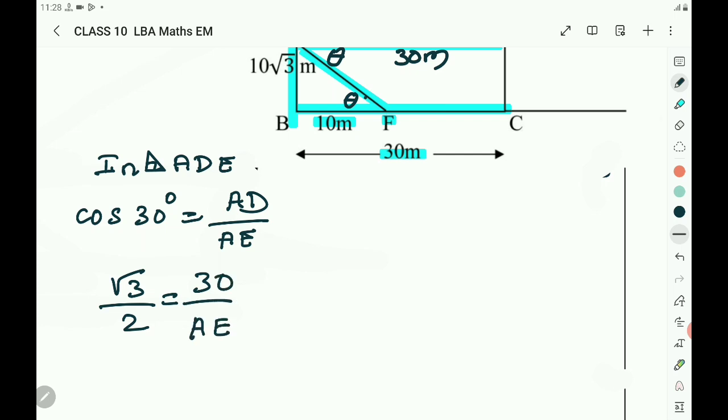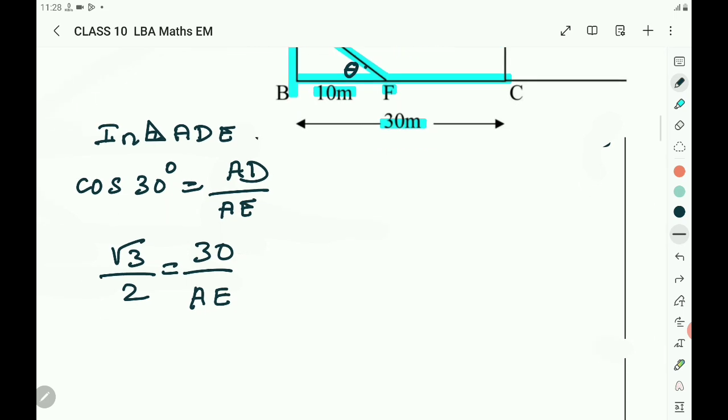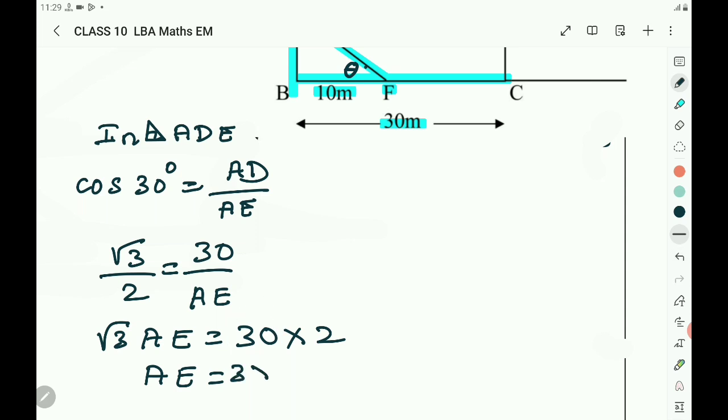Do the cross multiplication. Root 3 into AE equals 2 into 30. Then AE equals 30 can be written as 3 into 10. Why? Because this root 3 comes to the denominator.